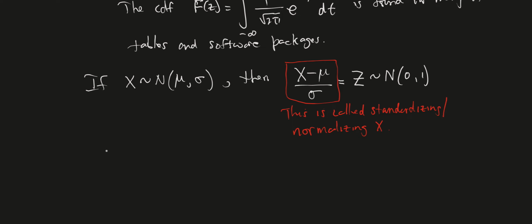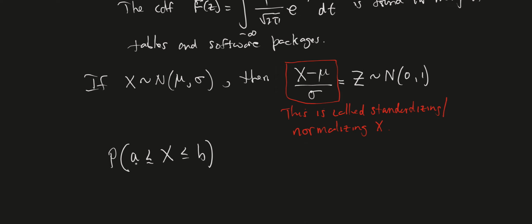But basically, if you have a normal random variable with parameters mu and sigma, and you want to find the probability that x is in some interval like this, right? We don't have tables for a whole bunch of different Gaussians, so what we have to do is convert this probability for x into a probability involving z.